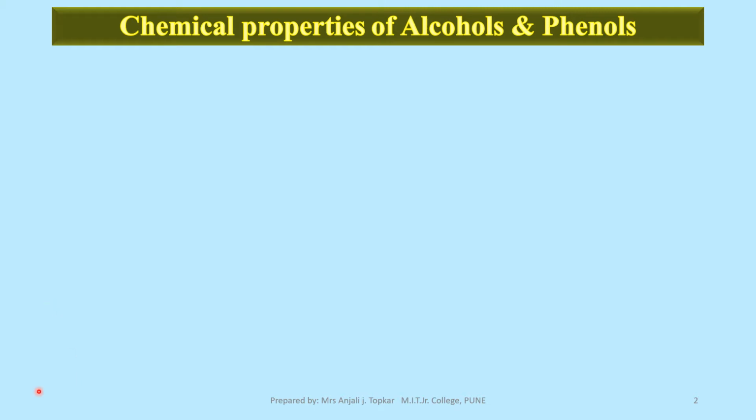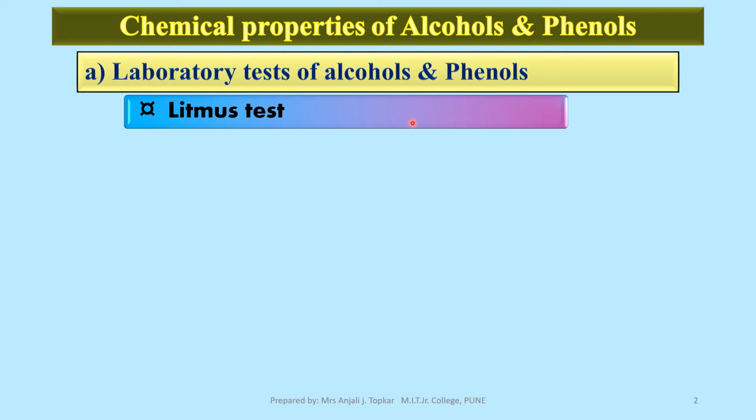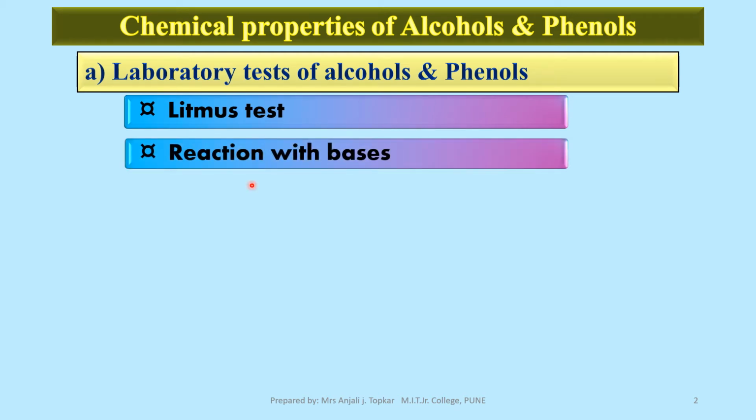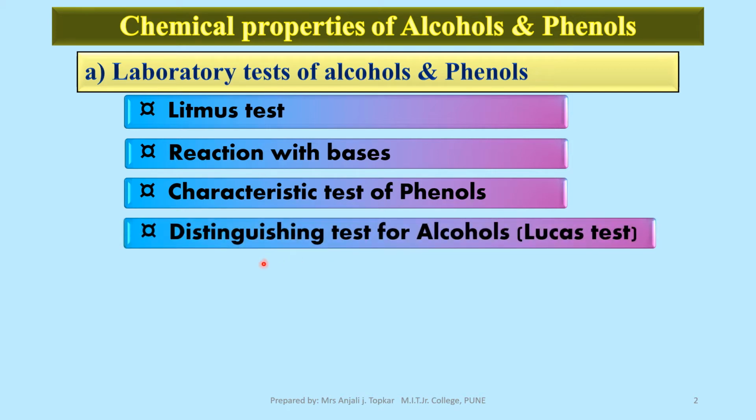In this, first we are going to see laboratory tests of alcohols and phenols, in which first we are going to see litmus test, then reaction with bases, characteristic tests of phenols, distinguishing test of alcohols, especially Lucas reagent test.